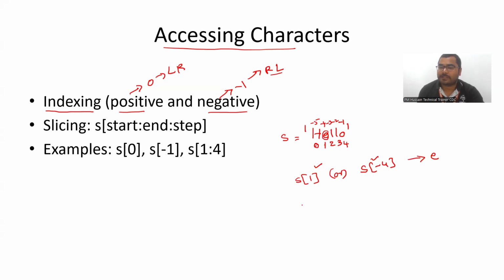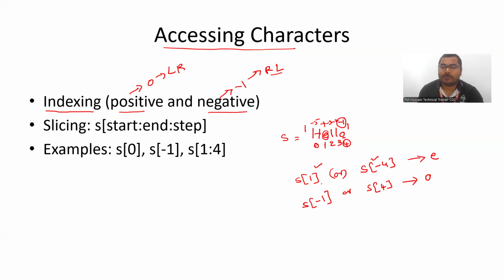In the same way, if you want to access another character o, o is at the fourth positive index, and -1 is the negative index. So s of -1 or s of 4, these two will access the last character, which is o. Like this, for accessing characters in strings, we can use either positive or negative indexing. Generally, we use positive indexing, but negative indexing is also used in Python.